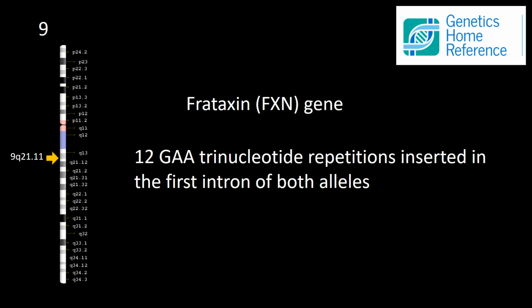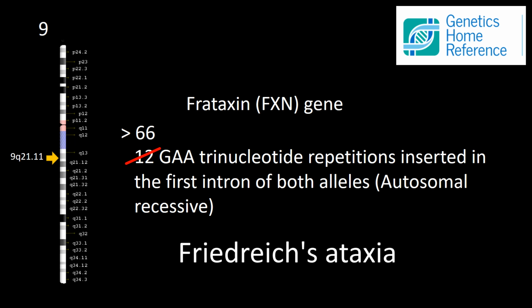Normally, the gene at this locus has about 12 GAA trinucleotide repeats. When the number of repeats goes over 66 in both alleles, an autosomal recessive condition appears, called Friedreich ataxia.